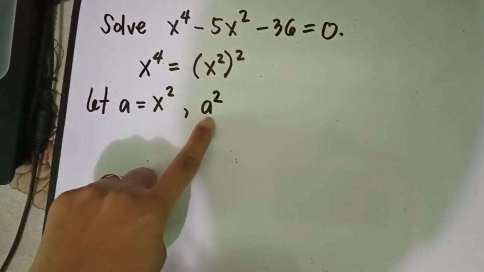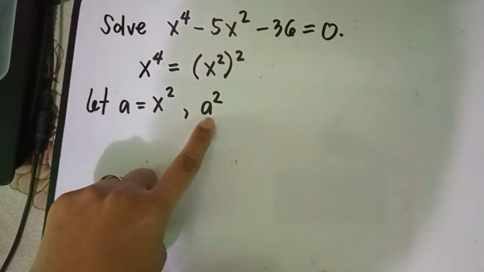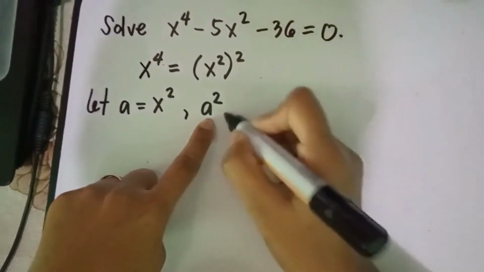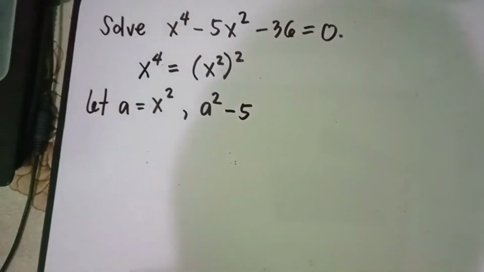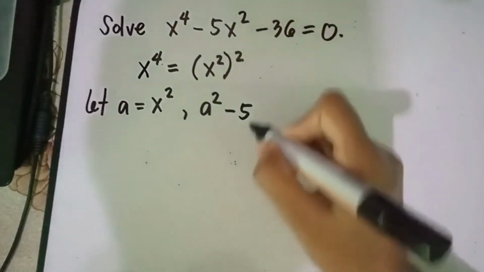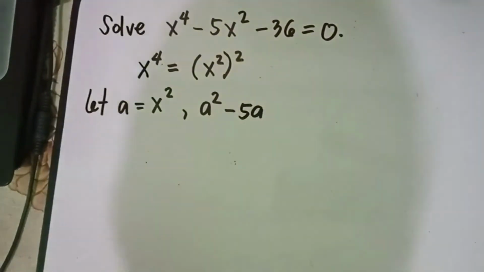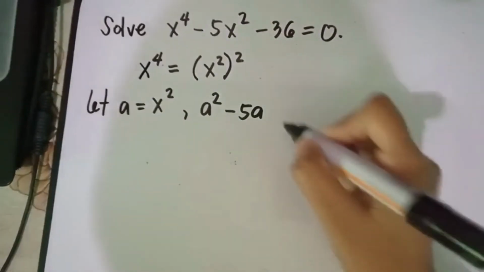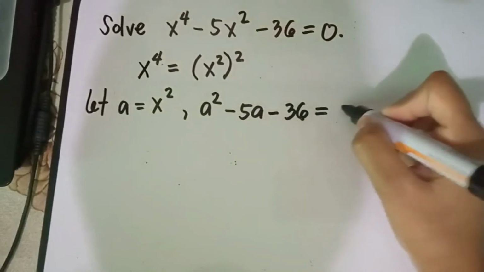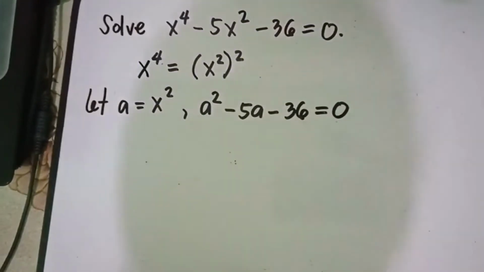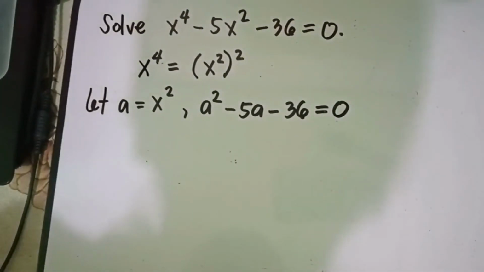So, yung first term natin na x raised to 4 could be written by using substitution as a squared. Minus 5, then yung x squared, isa-substitute ulit natin by a. So, we have negative 5a. Then, we just copy down negative 36 is equal to 0. Okay? So, quadratic equation na siya in standard form.